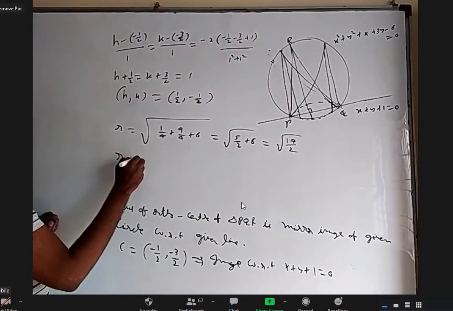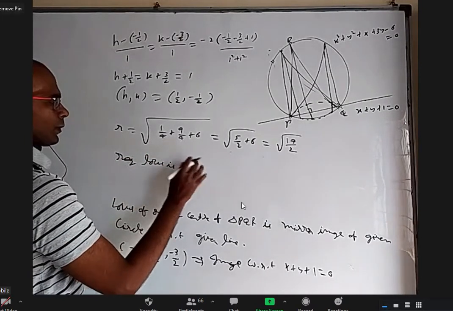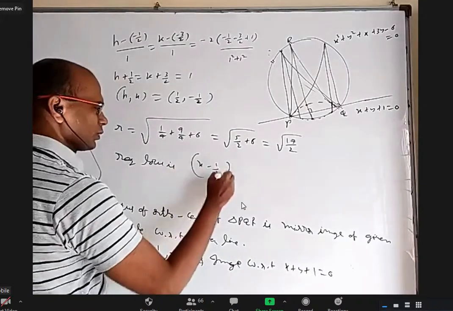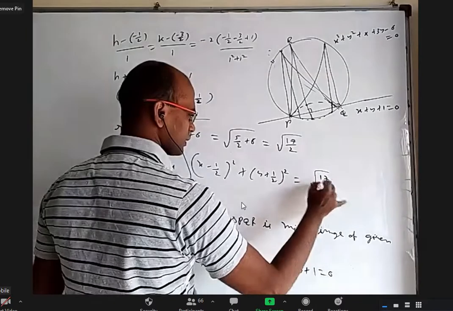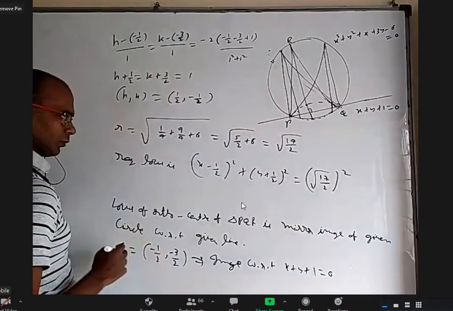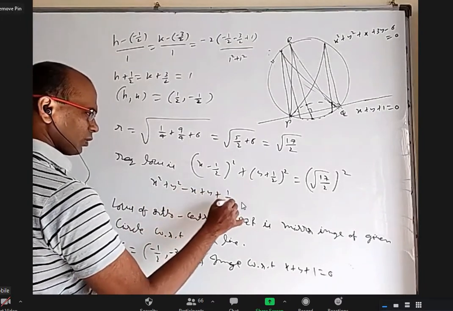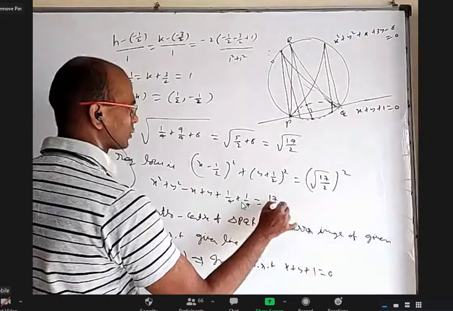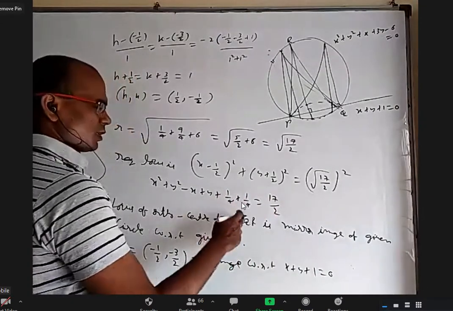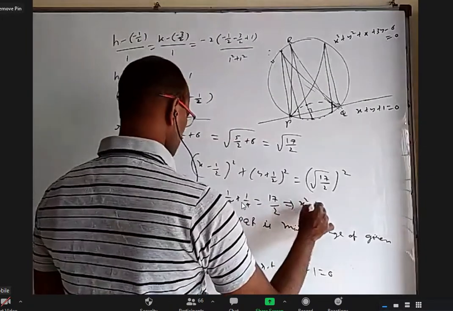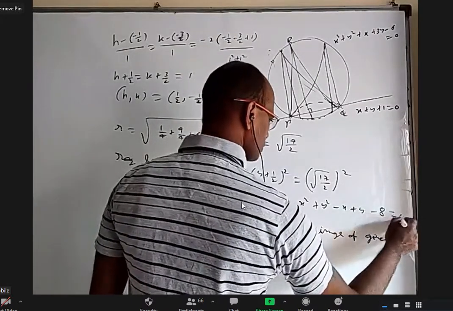So the required circle is the required locus: x minus half whole square, y plus half whole square equal to root over 17 by 2 whole square. x square plus y square minus x plus y plus 1 by 4 plus 1 by 4 equal to 17 by 2. This is 1 by 2 minus 16 by 2, minus 8. x square plus y square minus x plus y minus 8 equal to 0.